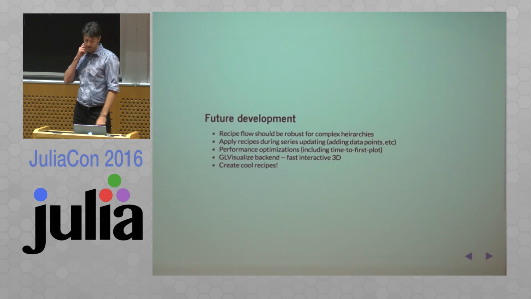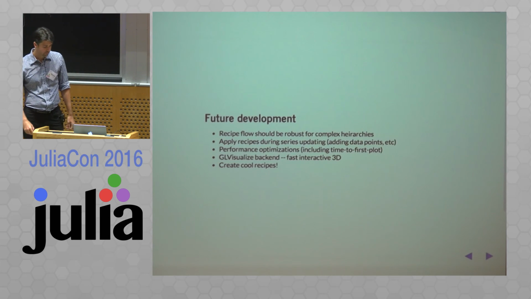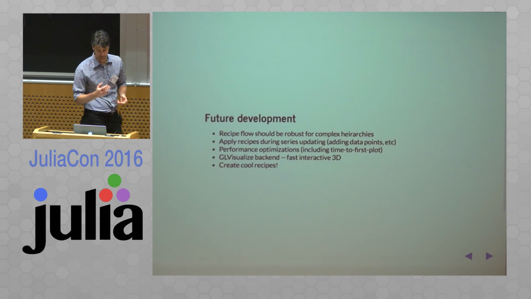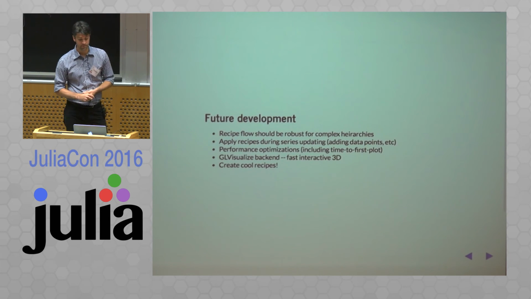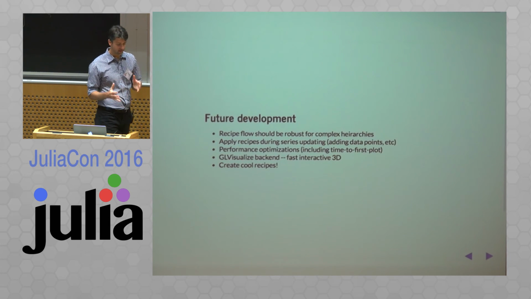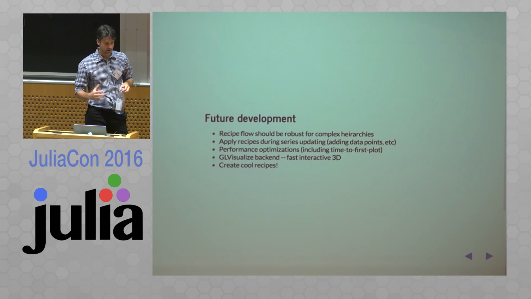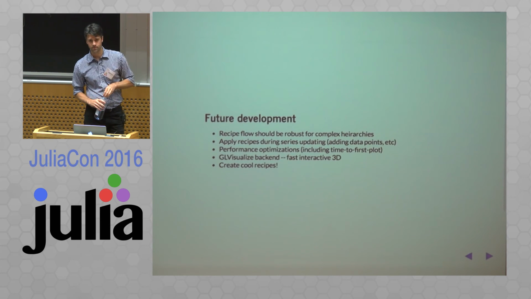All right, so, future development. I think there are aspects of the recipe flow that can be made better and more robust. I think the plot recipe and series recipe can maybe be combined together a little bit better.